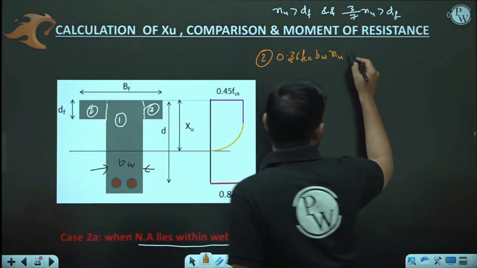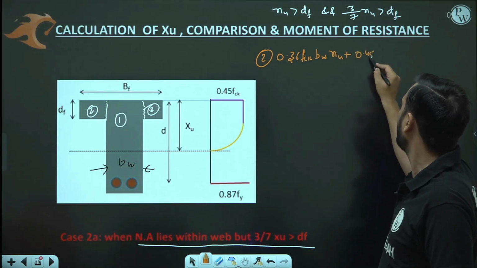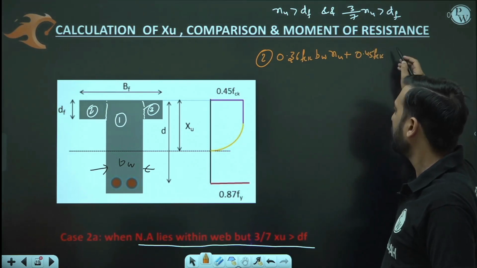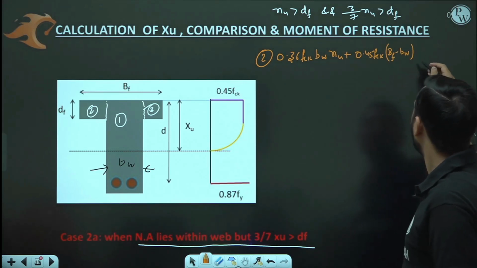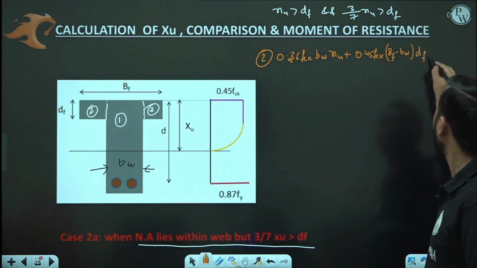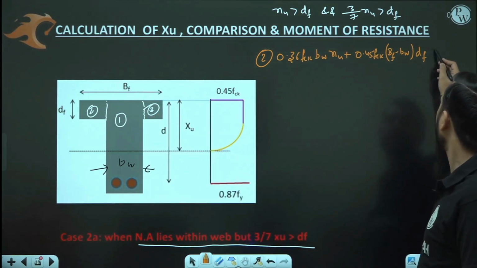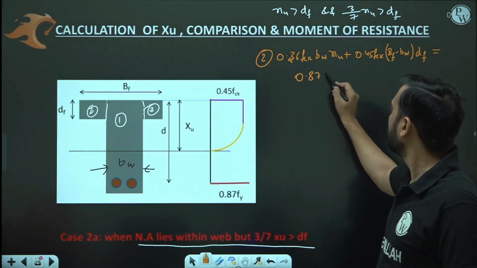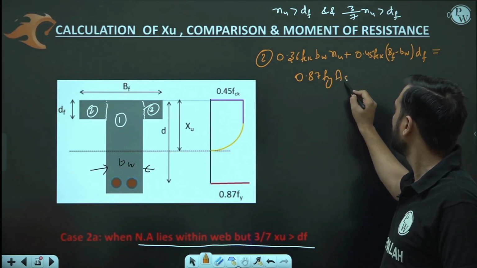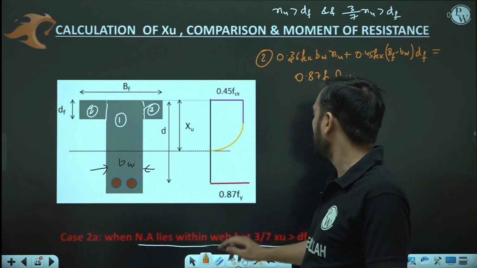So plus 0.45 FCK into BF minus BW, and into DF. So this is the compressive force due to 2 plus 3. This is equal to 0.87 Fy into AST. Okay.